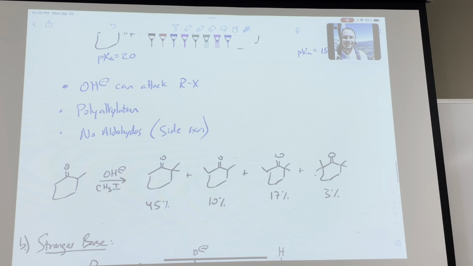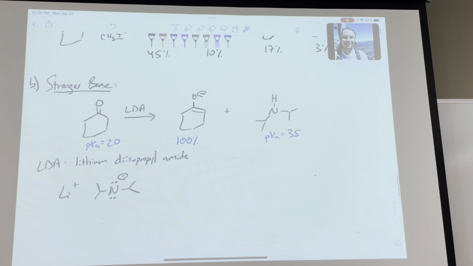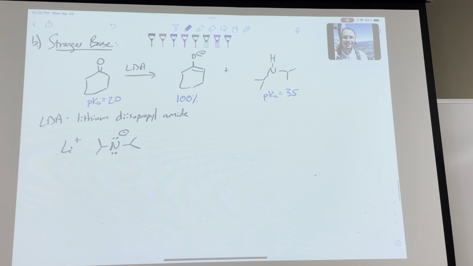So that excess hydroxide, the excess base at equilibrium, was the issue for two of the three problems we saw before. If you use a very strong base like LDA, you don't have to worry about those two problems. So the only thing you do have to continue to worry about is you still can't use aldehydes.